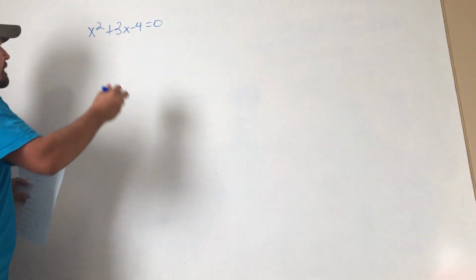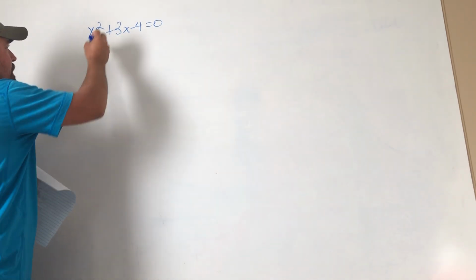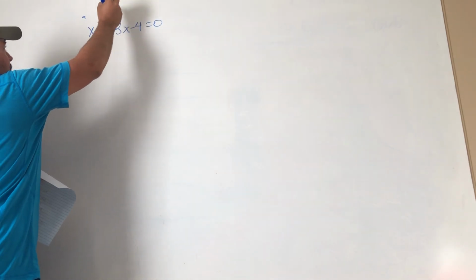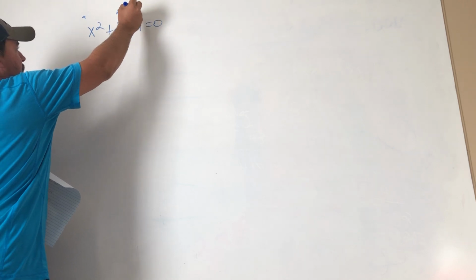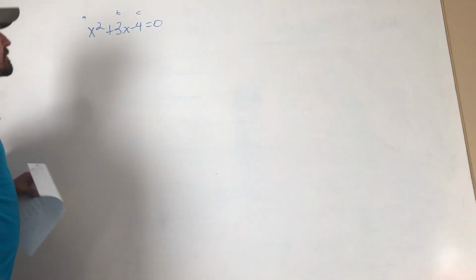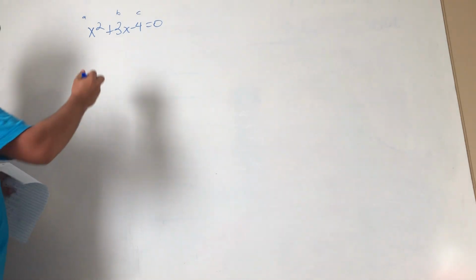Everything's already on the left hand side, so remember my a is in front of x squared, my b is in front of x, and then my c is by itself.